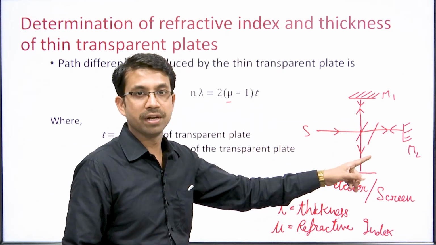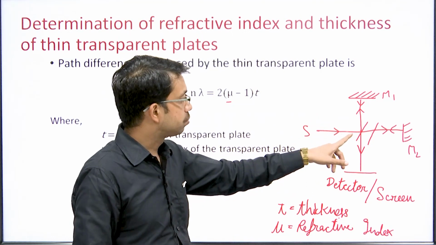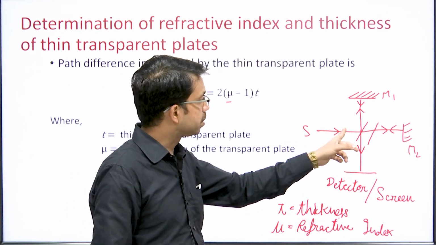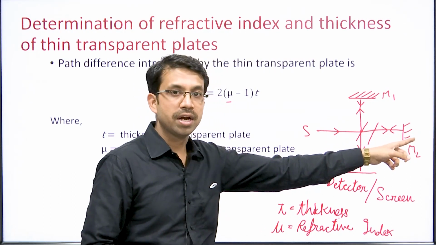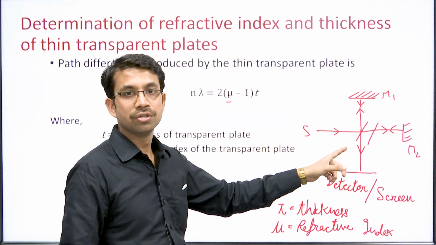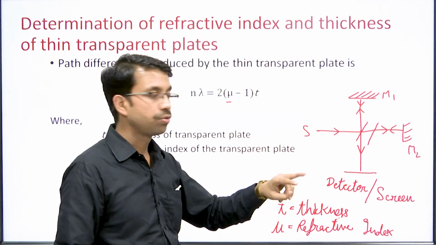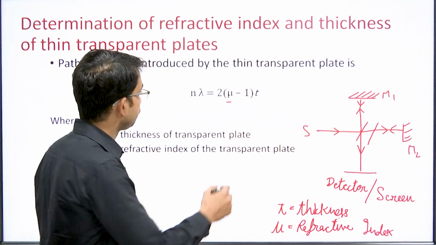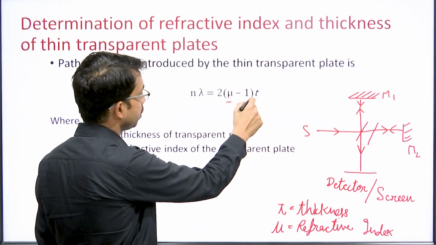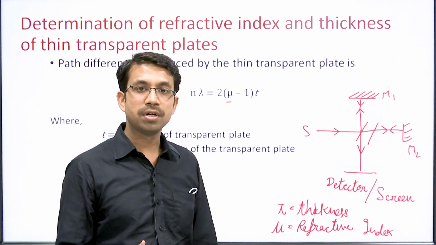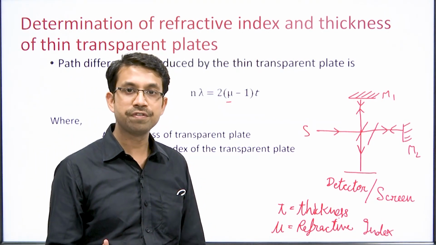Now, the light ray has to travel through this glass plate twice, once while it is going in this direction and again while it is coming back in this direction. So, what is the total path difference? 2(mu minus 1)t, and due to this there will be a number of fringe shifts.